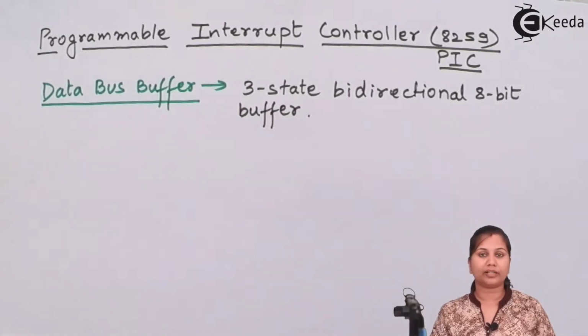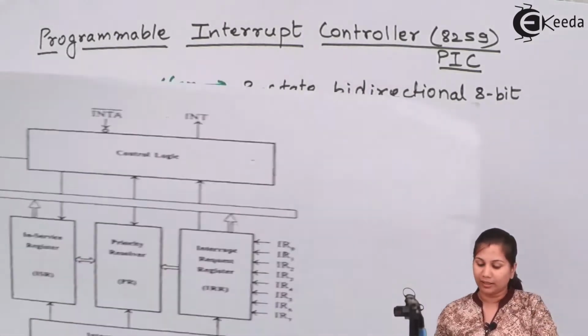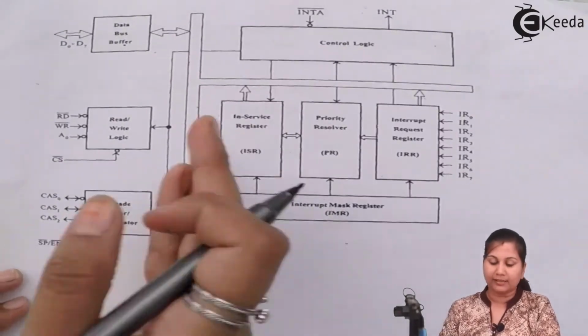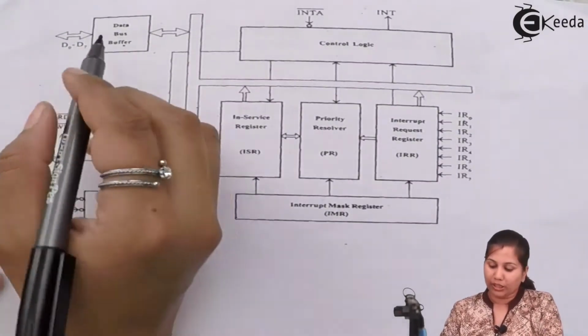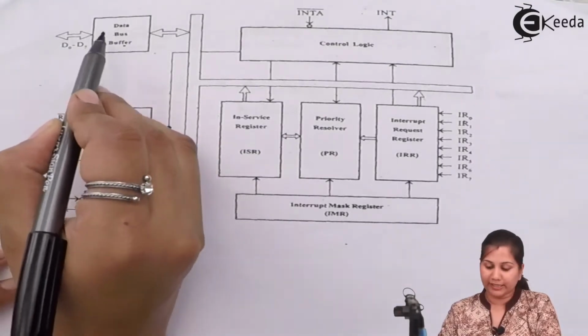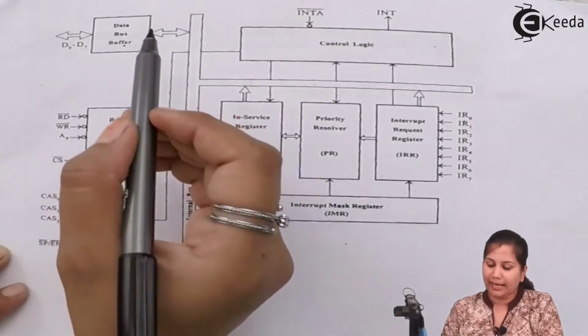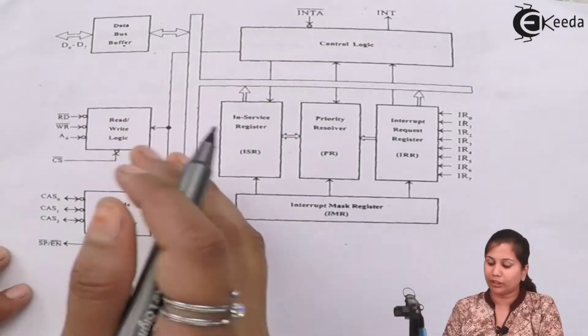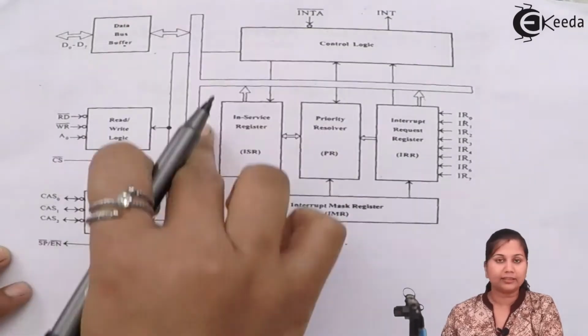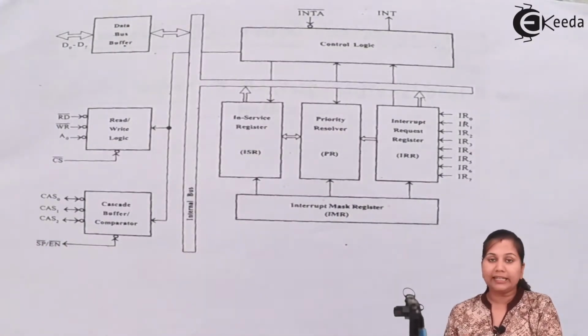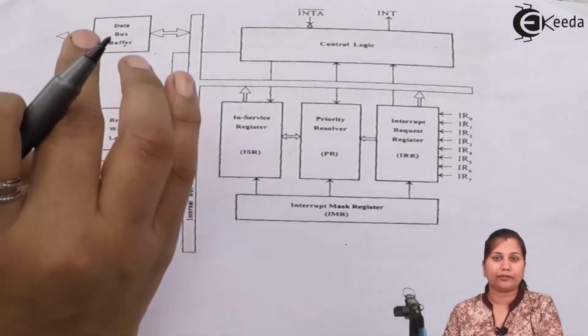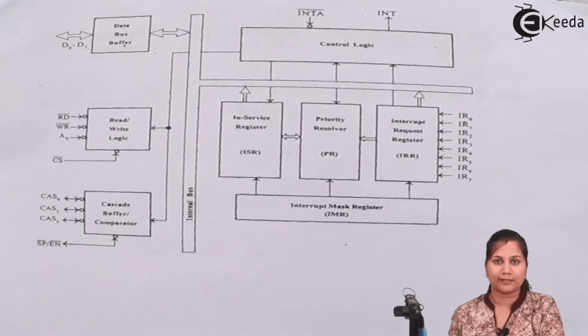Now this buffer is used to interface the 8259 and the system data bus. You can see here that this data bus buffer is connected on one side with the data bus of the microprocessor, and here it is connected with the data bus of the 8259, that is this internal bus. So whenever any data has to be transferred between the 8259, this interrupt controller, and the microprocessor, the data is transferred through this buffer.